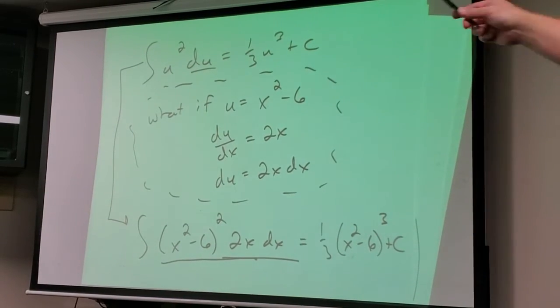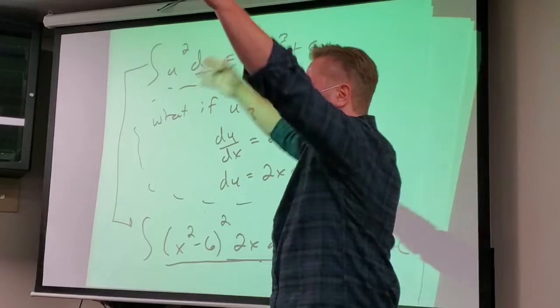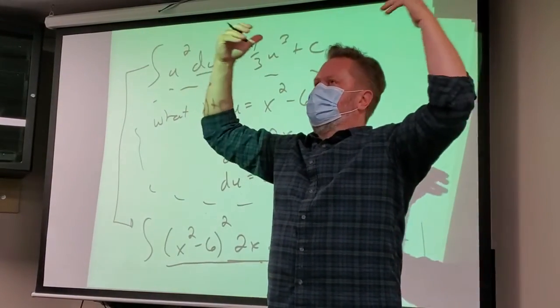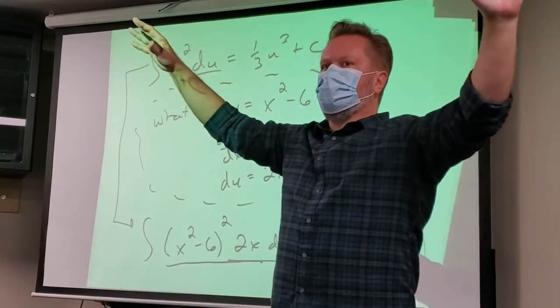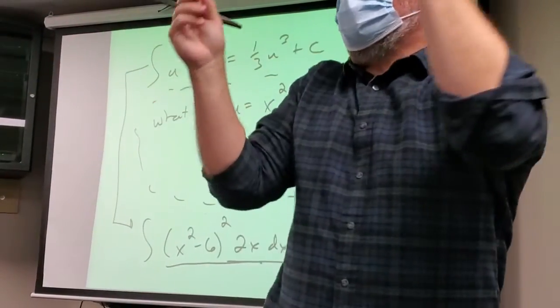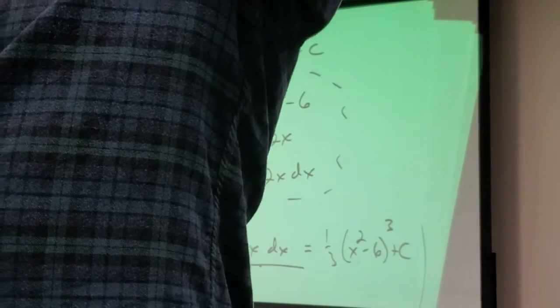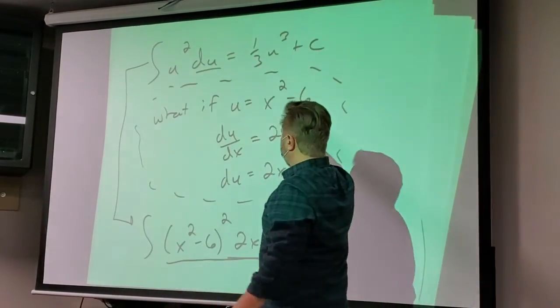The beginning problem is true, period. The beginning problem is just true. Did it have any restrictions on u? The only real restriction is it's got to be differentiable, right? If u's not differentiable, this kind of goes crazy because I need du. But other than that, it's almost every function we look at. So what if u was this?